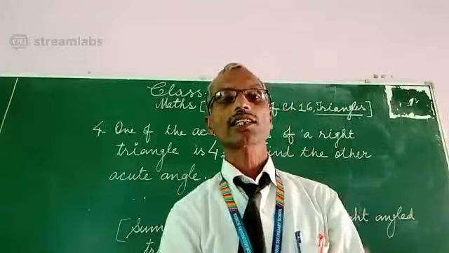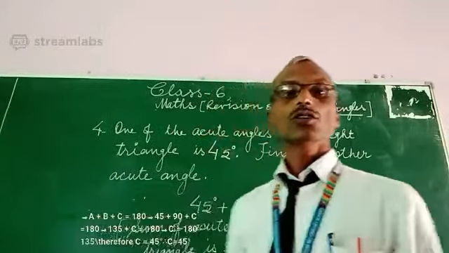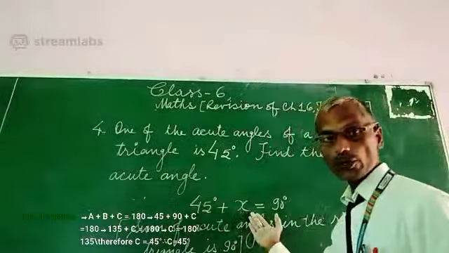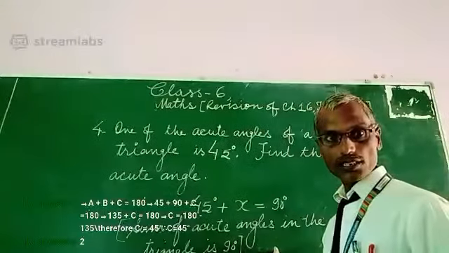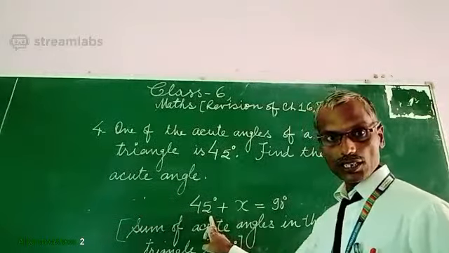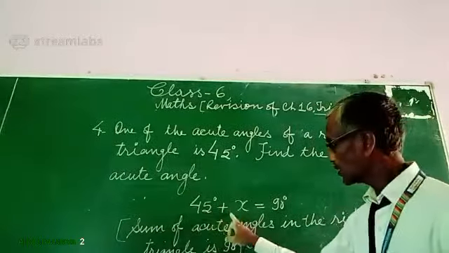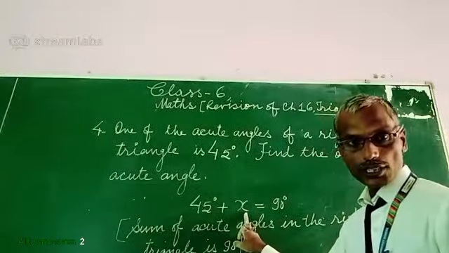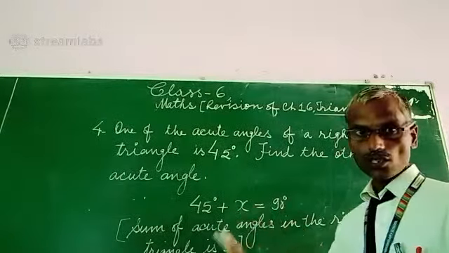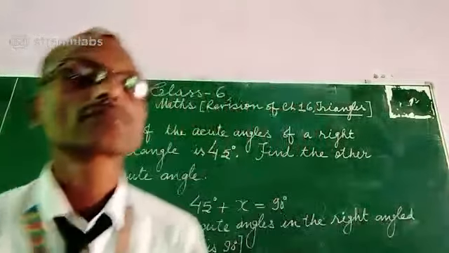Now Alka, your answer is correct. Good. You can solve by that method, or you can write that the measure of one acute angle, 45 degrees, plus the measure of the other acute angle, x degrees, is equal to 90. Now it is correct. Okay. Thank you.